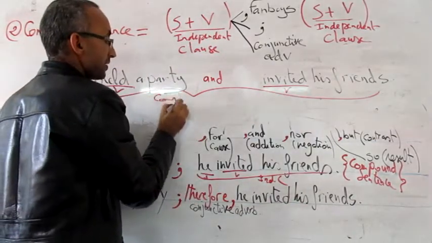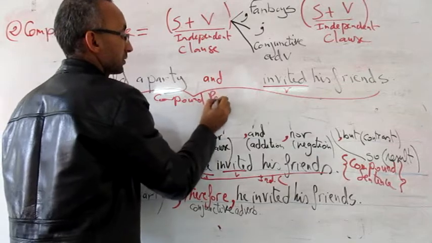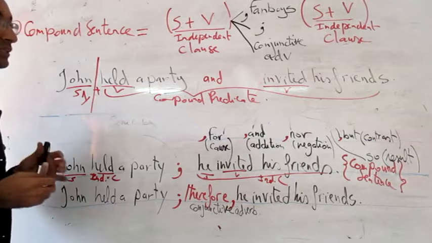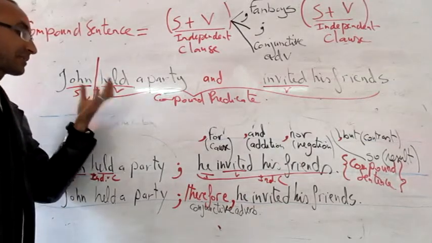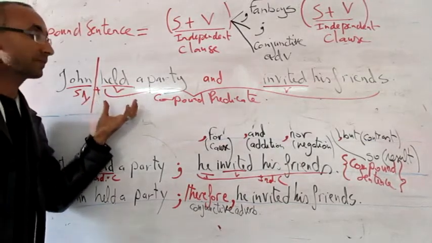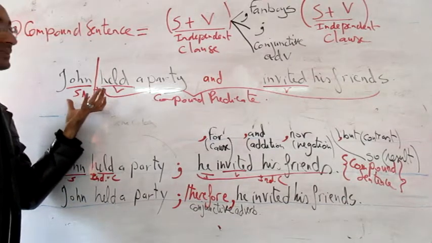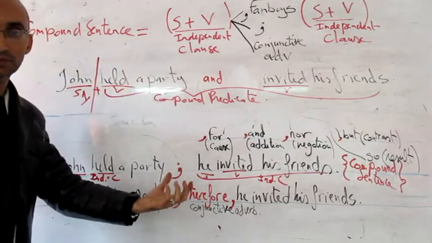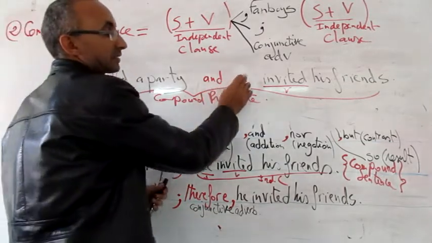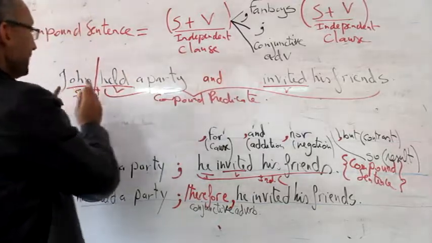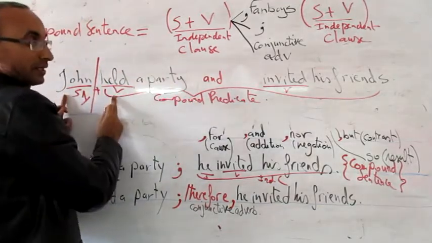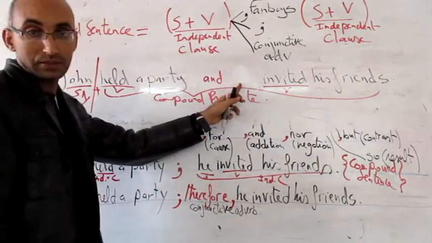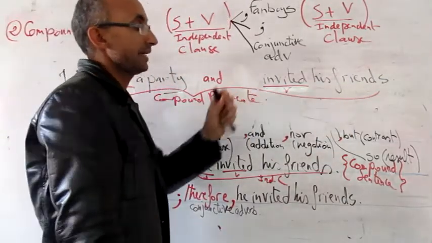A compound predicate. Clear? A compound predicate, and in this case my sentence is considered a simple sentence. If I want to make it compound, I must add here a subject to have a structure of S plus V before and also S plus V after and. Clear?